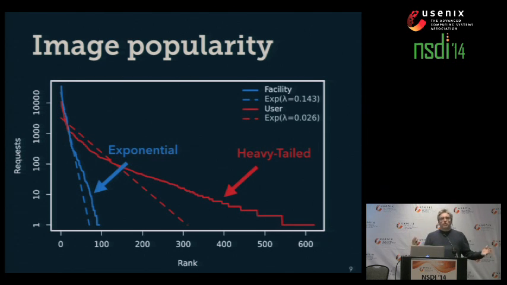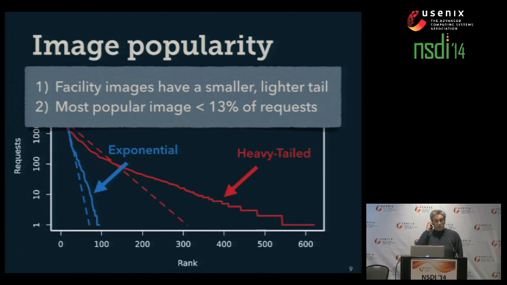It takes a larger number of user images to satisfy an equivalent number of requests for loading. So the facility images have a lighter tail, which means that at several other points in our analysis, we're going to treat these two types of images differently. And the most popular image in this data set was fewer than 13% of all requests, so there isn't an image here that dominates usage.